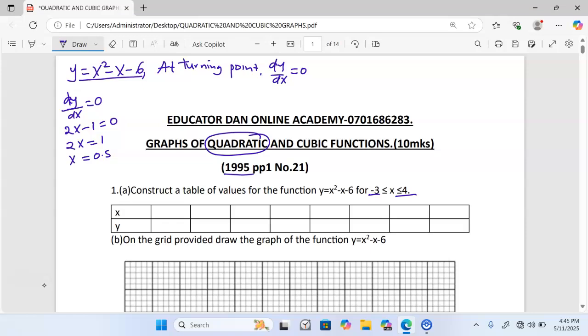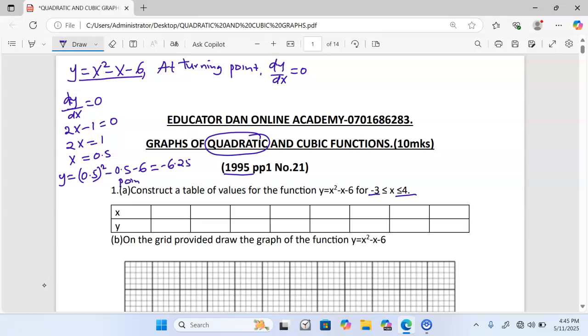Having the value of x will now give us the value of y by taking x back to the main function. So y is equal to 0.5 squared minus 0.5 minus 6, and this gives us negative 6.25.